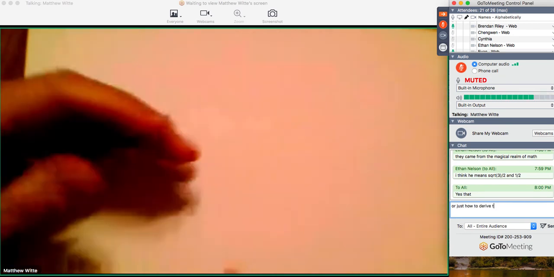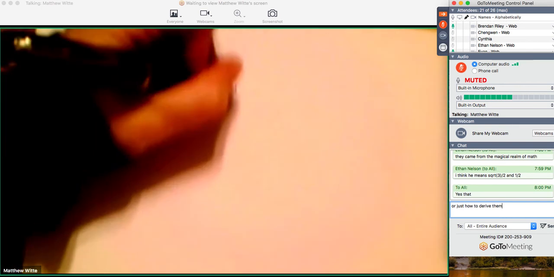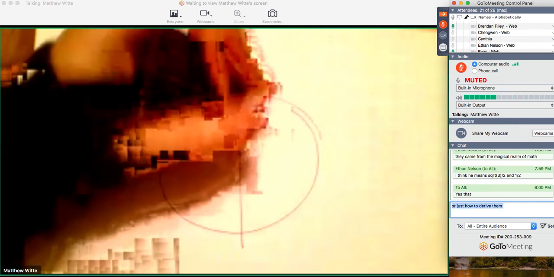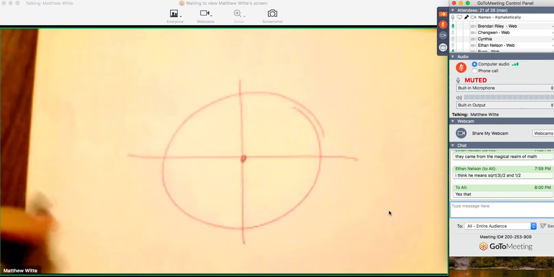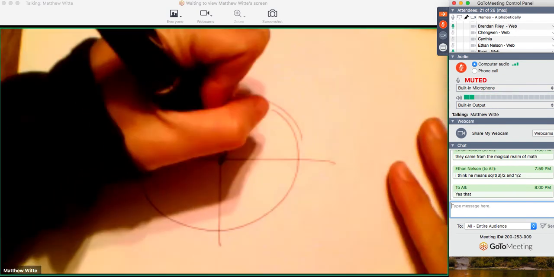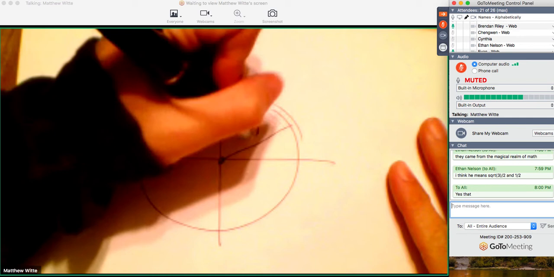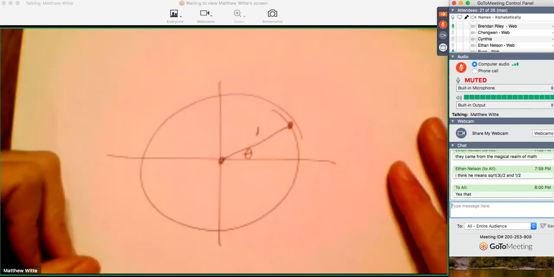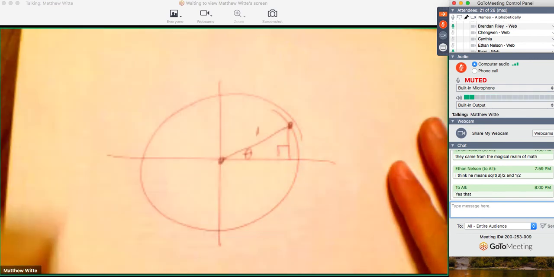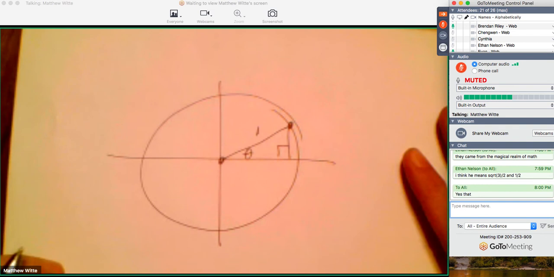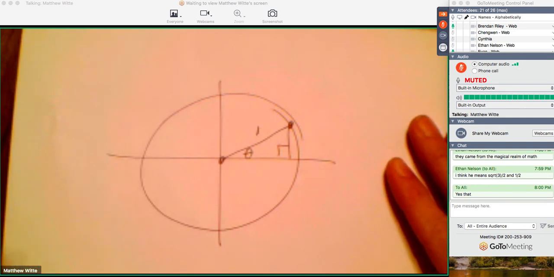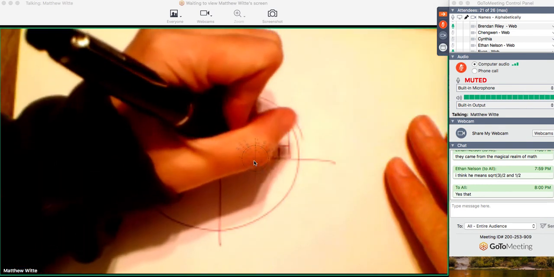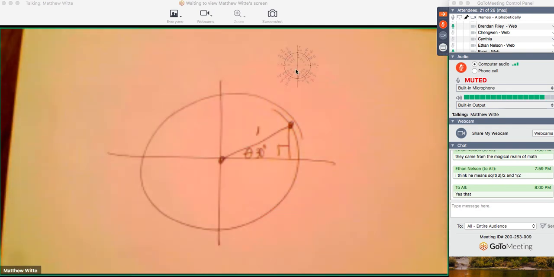So I don't have a good unit circle sketched out, so you're going to have to go with my not so great circle. Okay. So if the radius is 1, and I am on this magical circle, the special angles are your 30 degree, your 45 degree, and your 60 degree angle.